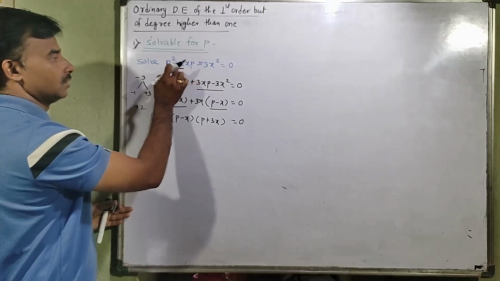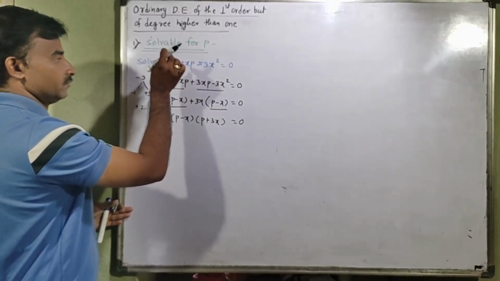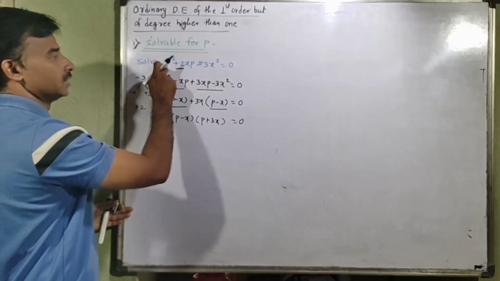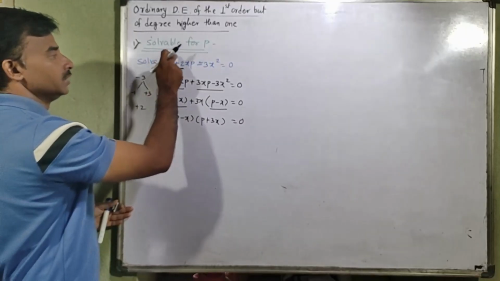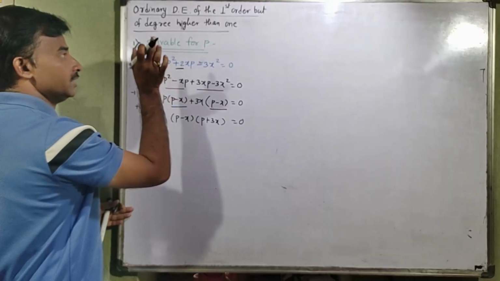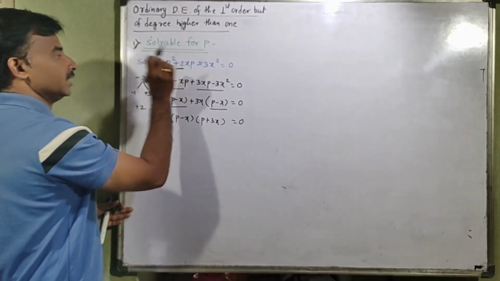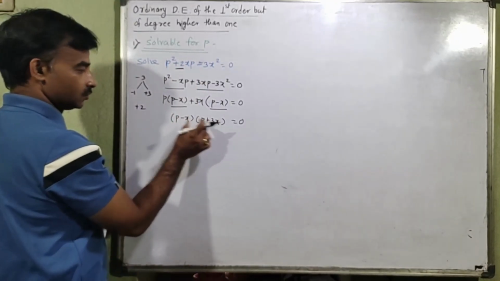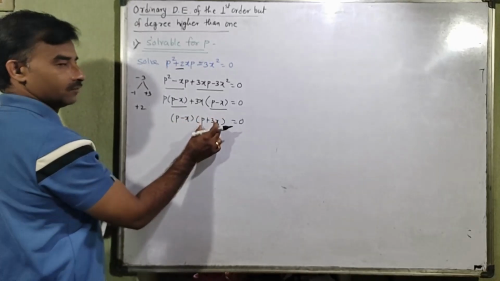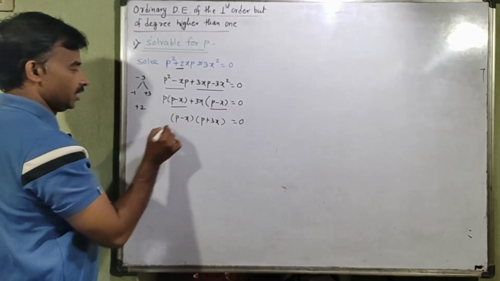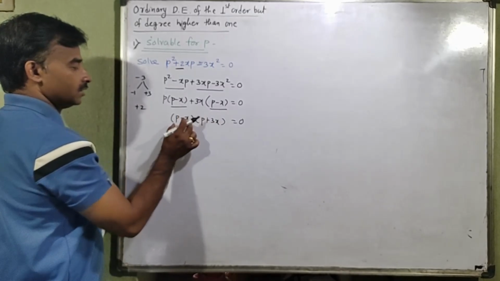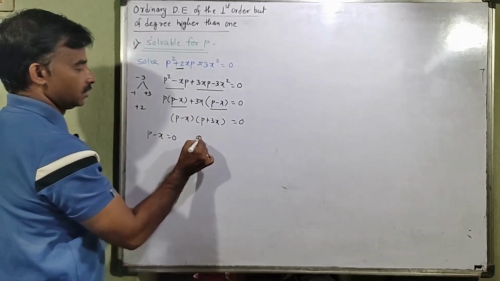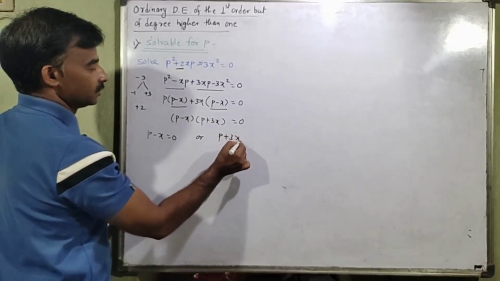Then as per rule, these are the linear factors of that differential equation. It is a first order second degree differential equation, because the highest index of p here is 2. So you will get the two linear factors, which are nothing but first order first degree differential equations, and consider p minus x is equal to 0, or p plus 3x is equal to 0.